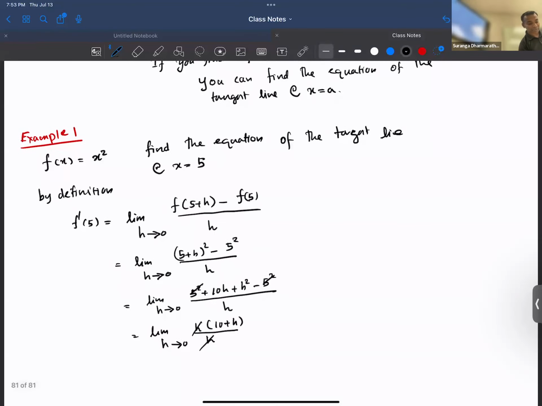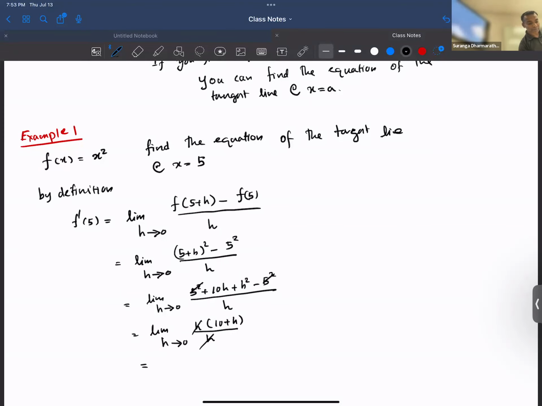And what is the limit of that? When h goes to 0, 10 goes to 10, plus when h goes to 0, h goes to 0, right? The answer is 10.